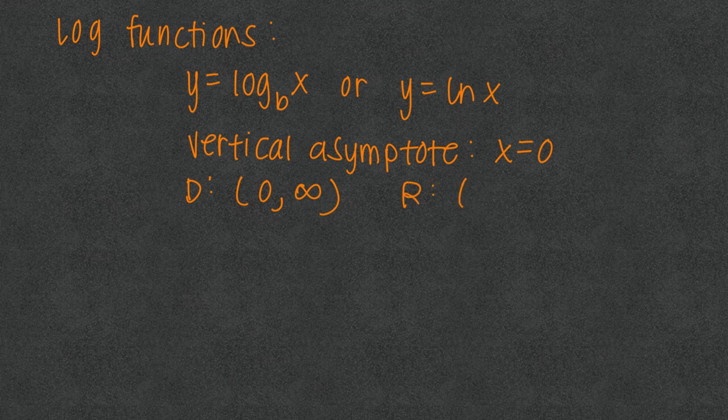The range is negative infinity to positive infinity. So our x values cannot be negative, and this is the reason why we can't put negatives into logs. We cannot take the log of a negative number because of that domain. And then our range is anything. We will also sketch a graph for this one.